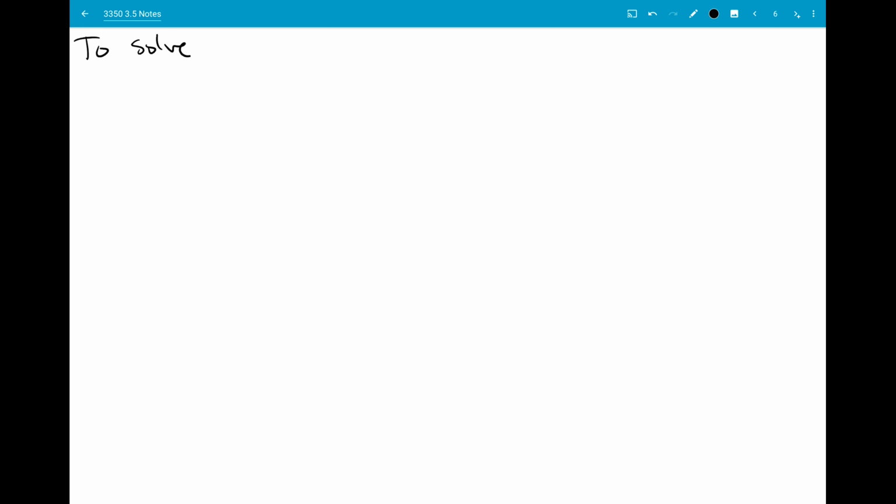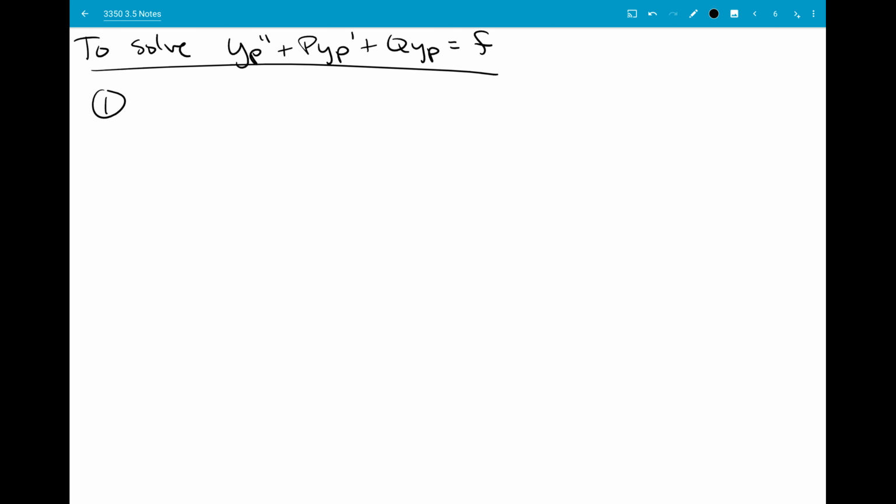So what we've determined is that to solve y sub p double prime plus p y sub p prime plus q y sub p equal to some f, where p, q, and f are all functions of x, we just follow these simple steps.